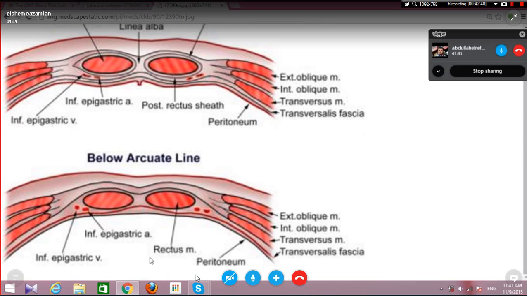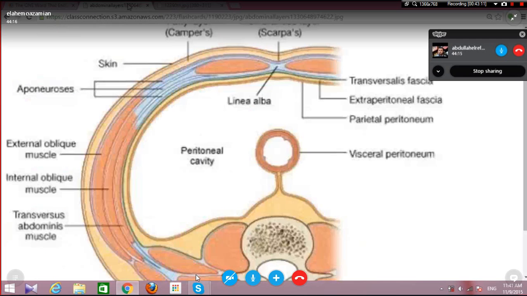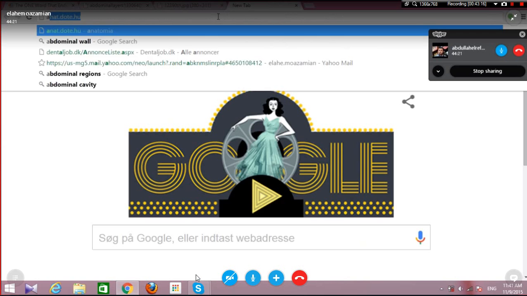In the picture below, do you see the posterior layer of rectus sheath? No. So there is somewhere in our body where all the three aponeuroses go anteriorly to the rectus abdominis. So we just have the anterior layer of rectus sheath. We don't have the posterior layer of rectus sheath. Here it's called the arcuate line. It's 2 fingers below the umbilicus.